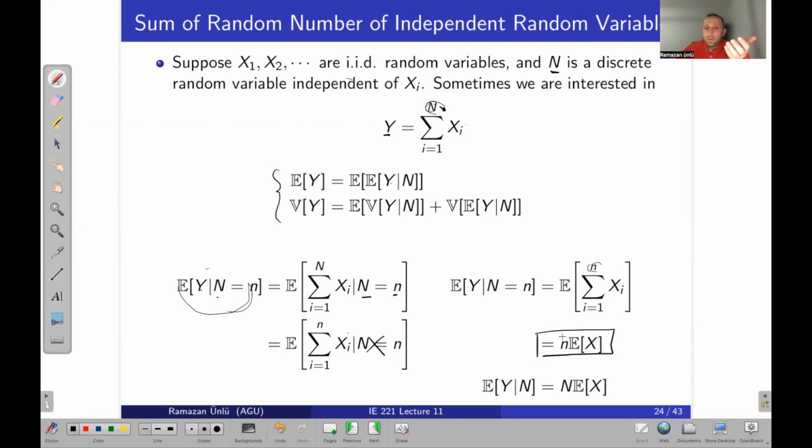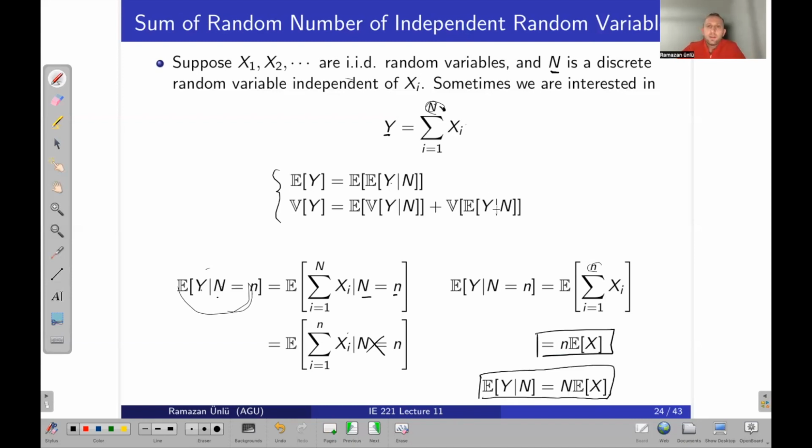So if that is the capital N, I can say that the expected value of Y given N is equal to N times the expected value of X. That is the first thing we just figured out.